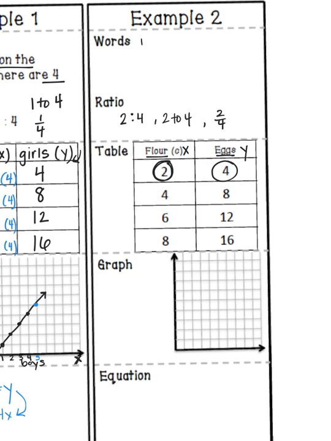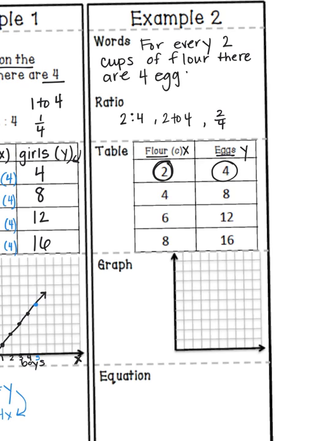So I can say for every 2, and flour is measured in cups, so for every 2 cups of flour, there are, or you could say you need, 4 eggs. So if you were thinking like maybe it's a recipe that every time you need 2 cups of flour, you need 4 eggs, okay?